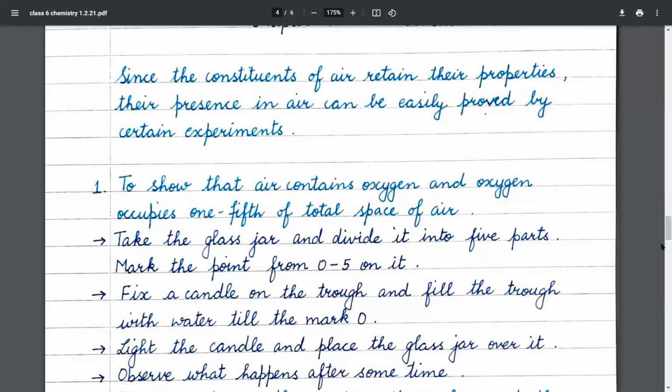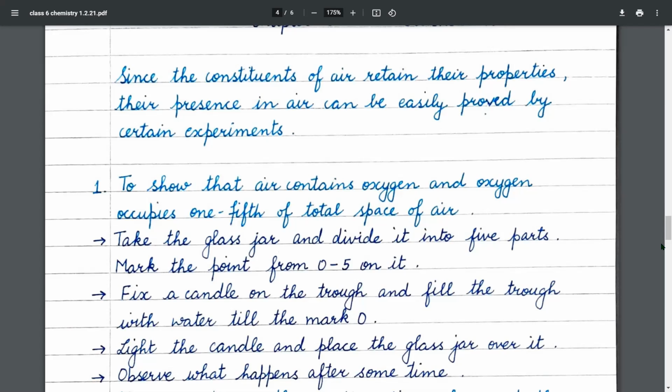Since the constituents of air retain their properties, their presence in air can be easily proved by certain experiments. Experiment number one, to show that air contains oxygen and oxygen occupies one-fifth of total space of air.